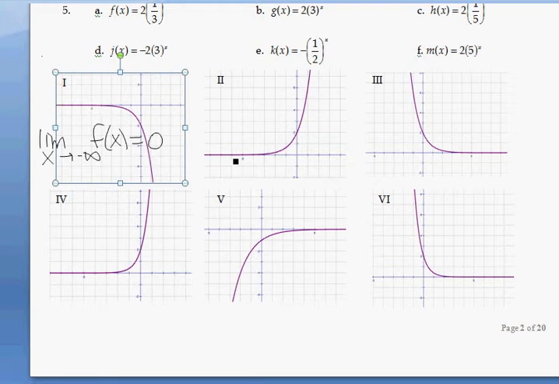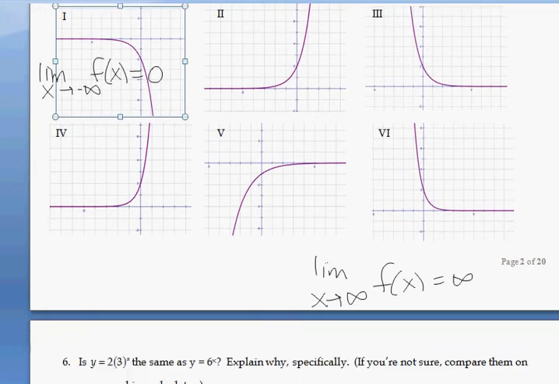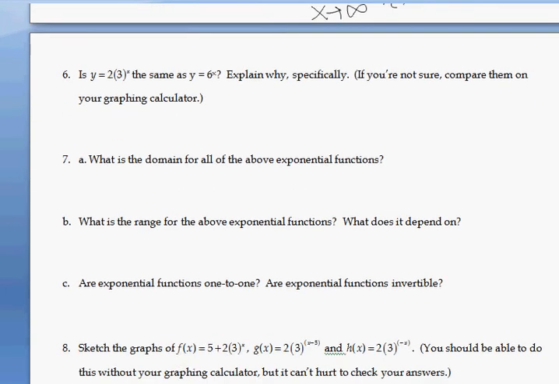We could say the exact same statement about graph number 2 and graph number 4. And the interesting statement with graphs 3, 5, and 6 would be that the limit as x approaches positive infinity of the function is equal to infinity. So that's what I was trying to talk about at the end of class with the notation.